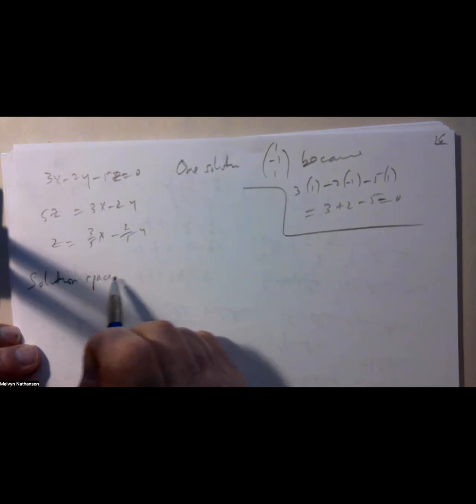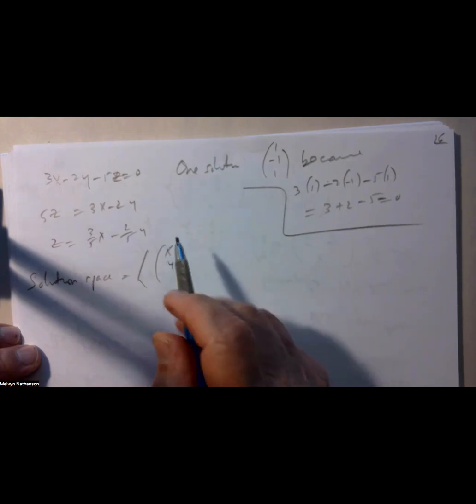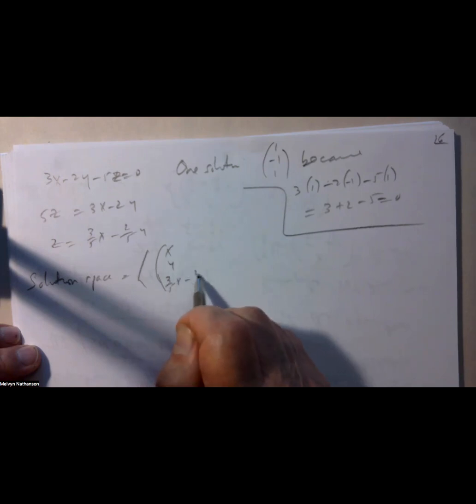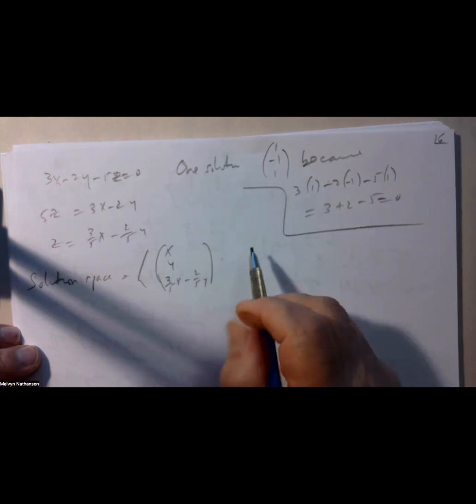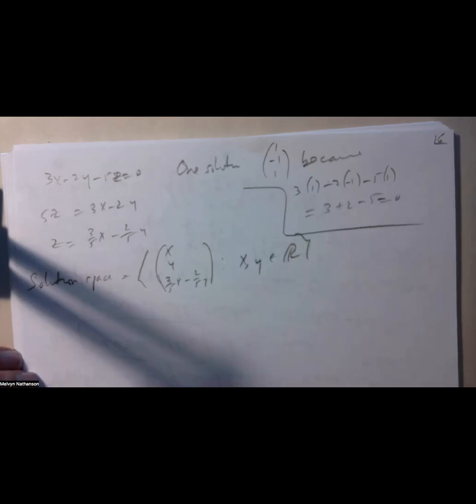So the solution space is the set of all vectors (x, y, 3/5 x minus 2/5 y) for all x and y real numbers. That's the solution space.